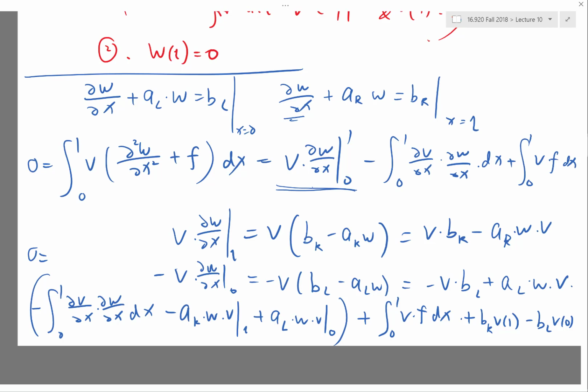As you remember, the mixed boundary condition for the heat equation represents the heat conduction rate at the boundary being a function of the temperature. So if you have AR greater than 0 and AL less than 0, it means the rate of heat going out of the boundary is an increasing function of the temperature, which actually makes sense.